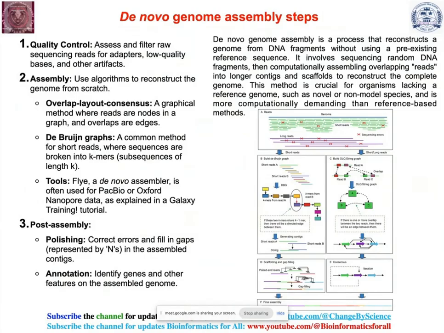There are many tools, but here I have mentioned this one. Of course, I will give the details later, because this is just a tutorial for understanding the difference between de novo and reference-based genome assembly. Then in post-assembly, you go for polishing and annotation. In polishing, you correct the errors and fill in gaps, represented by N's in the assembled context. And finally, annotation, where you identify the genes and other features on the assembled genome.